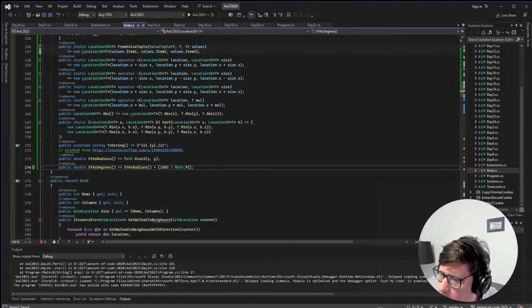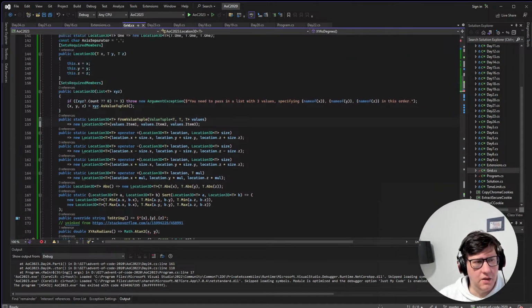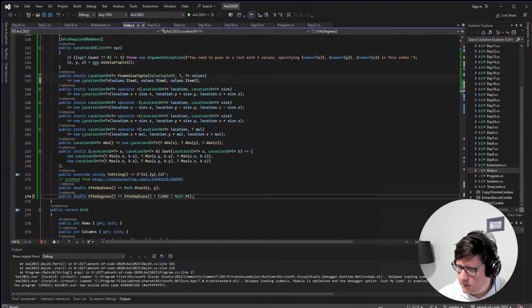How would that work? IParsable T cells. The issue here is that iParsable, I use it in everything.